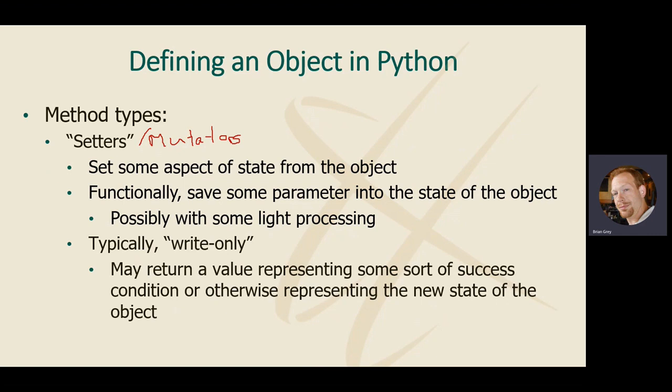So if you have a mutator that resets the counter, it might return true or false. Did I succeed or did I fail? That's also very common for things like writing to a database. Hey, was the write able to be run, or were you unable to connect to the database?